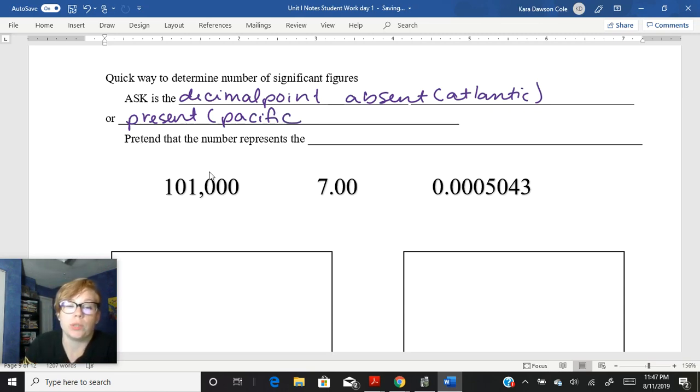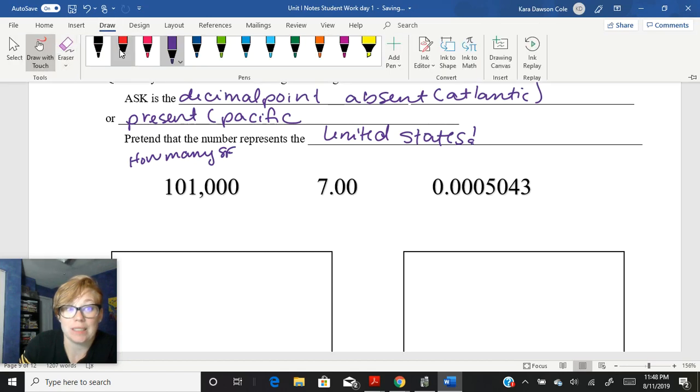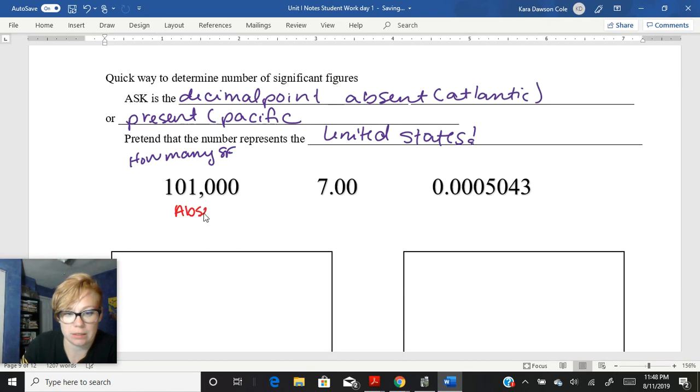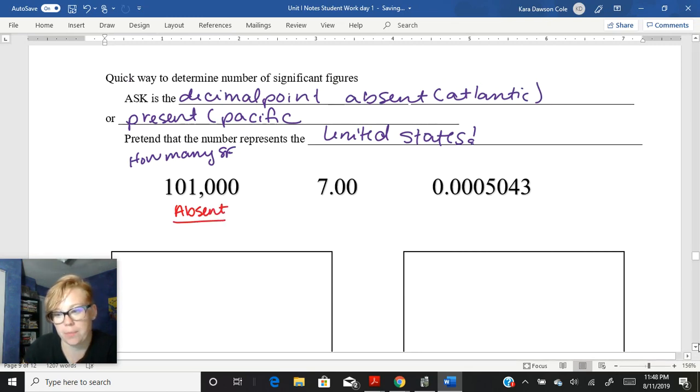So what you do is you pretend that the number itself represents the United States. So if I'm looking at this number and I want to figure out how many sig figs, I'm going to say the decimal point here is absent because I don't see it anywhere. So I have an absent decimal point, right?